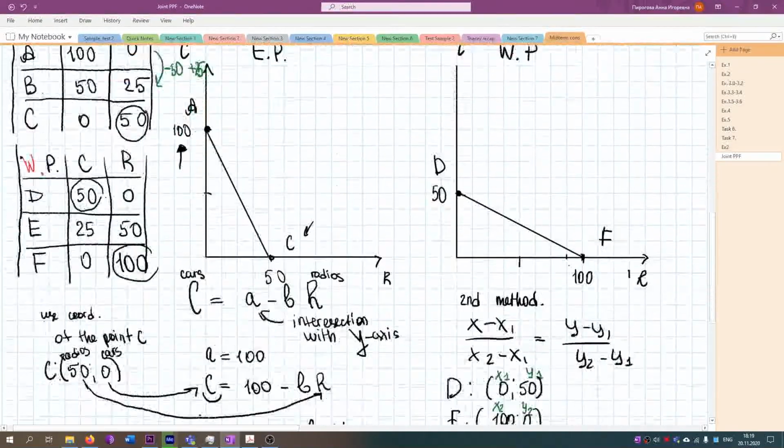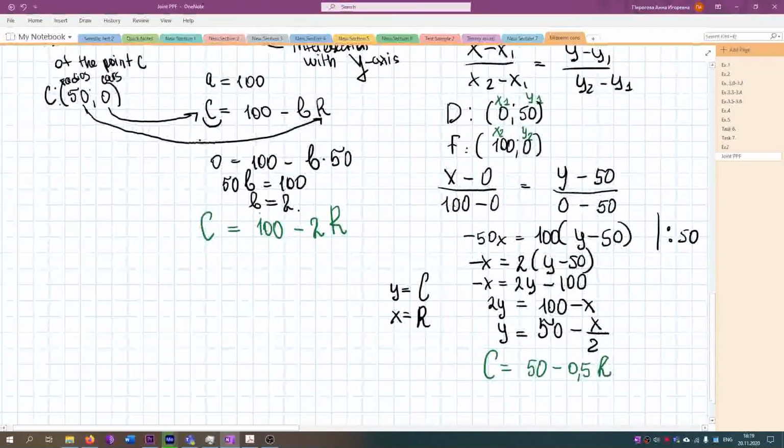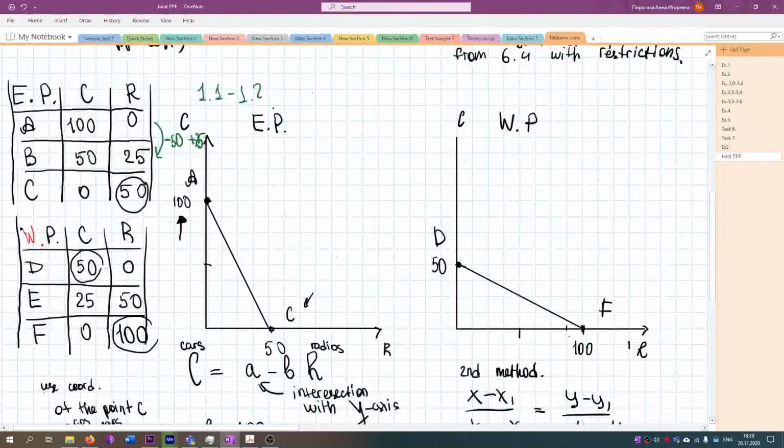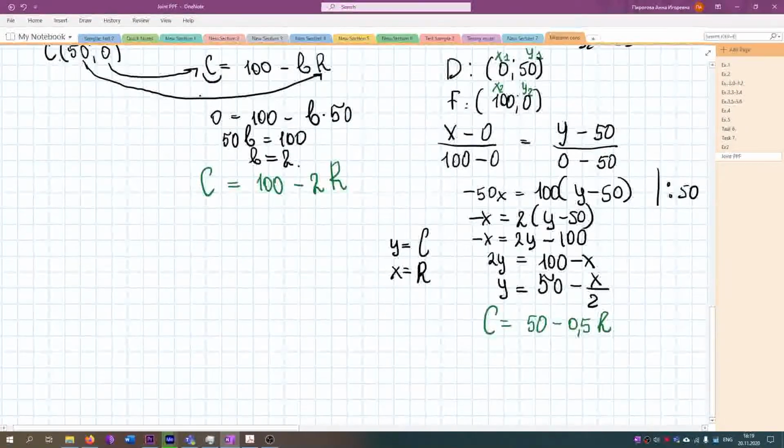And we can use these numbers to find the opportunity cost. So minus 50 and 25.